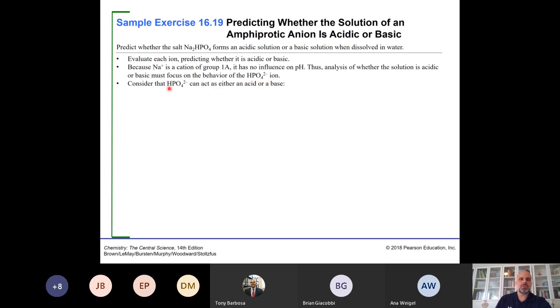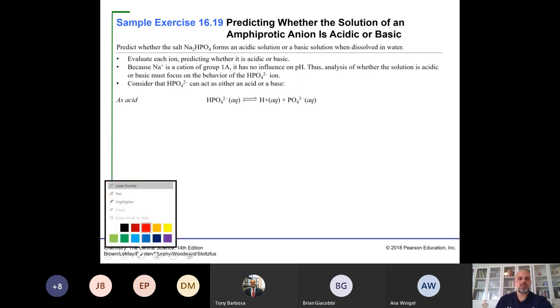It can act as both an acid and a base, so we're going to draw, as an acid, the HPO4 dissociating to give us the H plus and the PO4 ion.